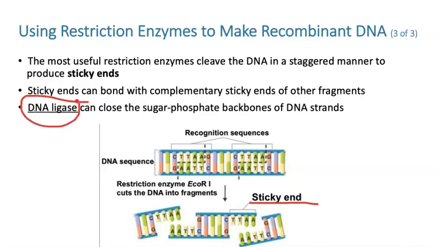DNA ligase is what joins the sugar-phosphate backbone of the DNA together. So this end will get joined to this end in part. We've got that the A's match with T's and hydrogen bonds there, but we need this end to be attached to this end of the backbone, and that's the job of DNA ligase.